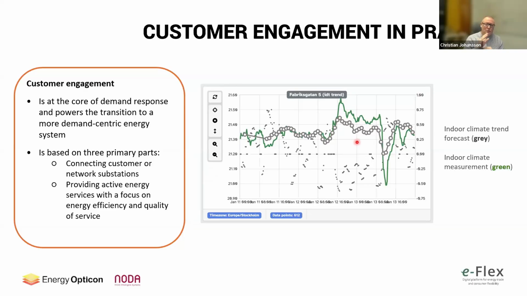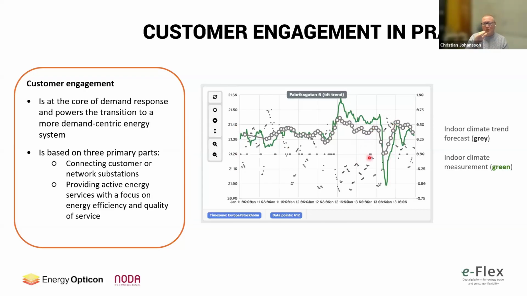You can see that Pia mentioned forecasts on the big level, the whole network. And that's actually quite easy to model, a whole network, compared to modeling individual indoor climates. It's a much more volatile data set. And this is really where you want these kinds of machine learning technologies. You can see here the difference between the measurement, the green line, and also the gray dots with a line.